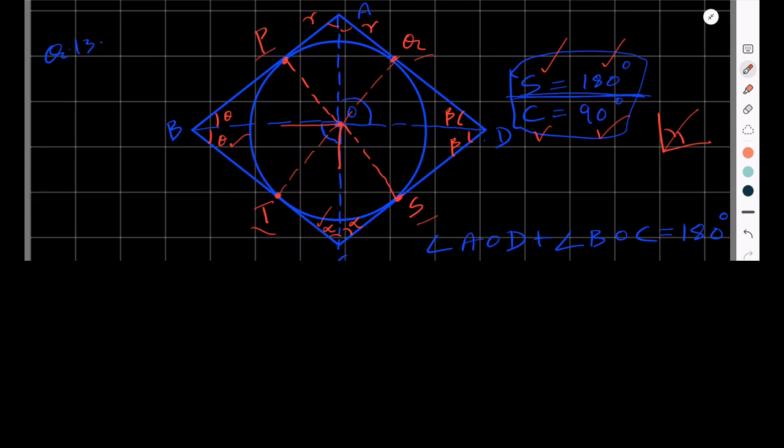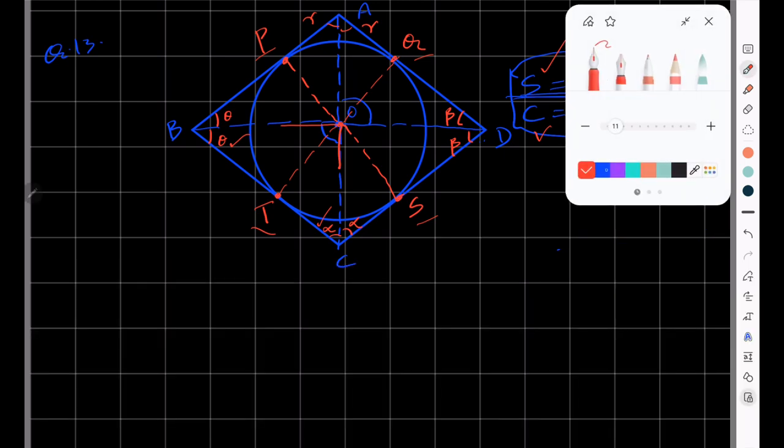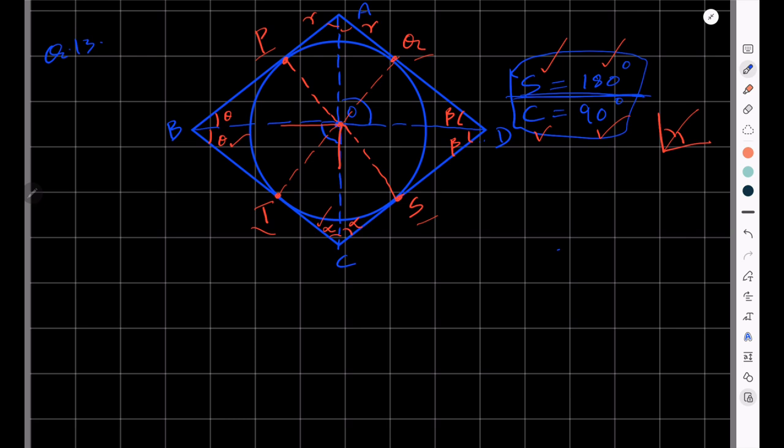And then for solving this problem, by the theorem, we know that these two angles are equal, because triangles BPO and OBT are congruent, and the same case with this one and this one also.